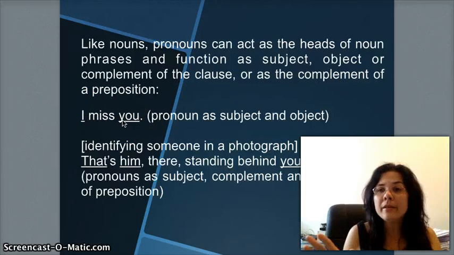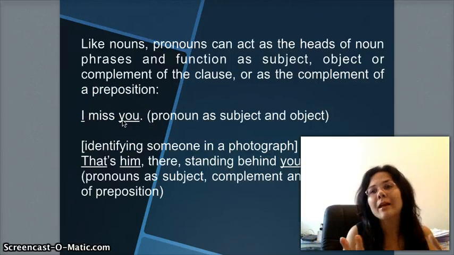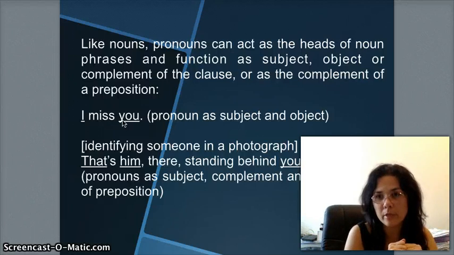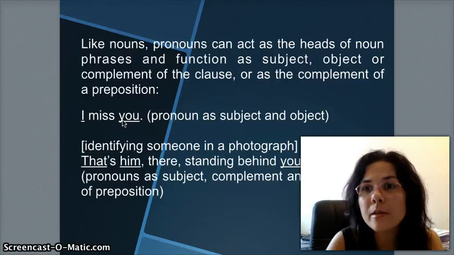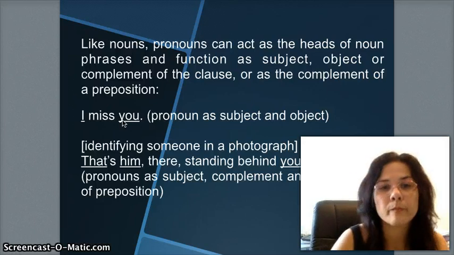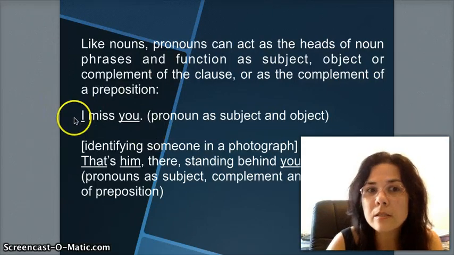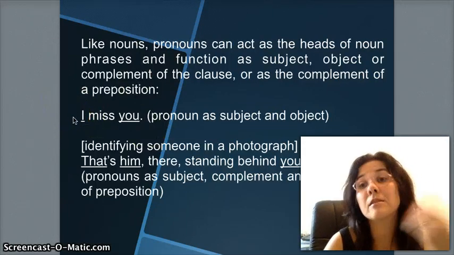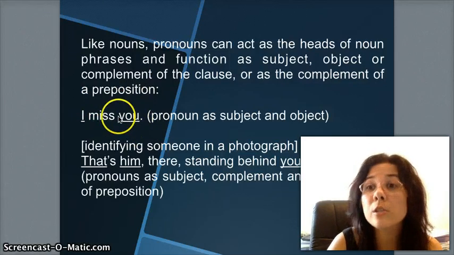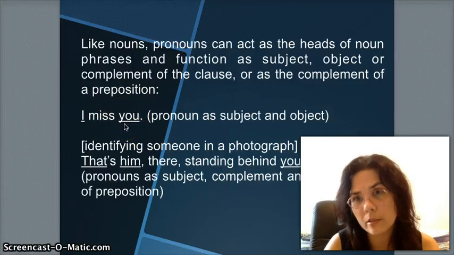For the time being, we're not taking into account the kind of pronoun we're talking about, okay? Let's just think about the pronouns and their function. So in this sentence, I is the subject of my clause, of my sentence, whereas you is the object.